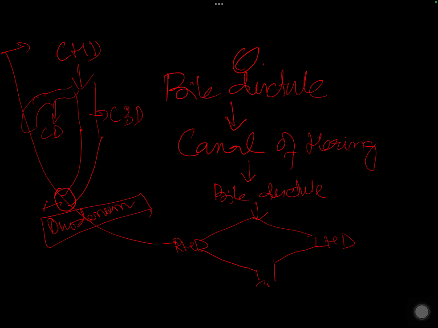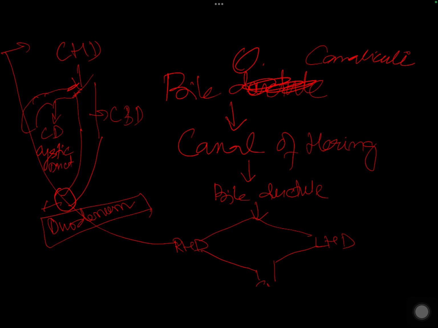First we have the bile canaliculi. Then we have the canal of Hering, the bile ductule, the right hepatic duct and the left hepatic duct. They fuse together to form the common hepatic duct. As the common hepatic duct descends downwards, it meets the cystic duct from the gallbladder.